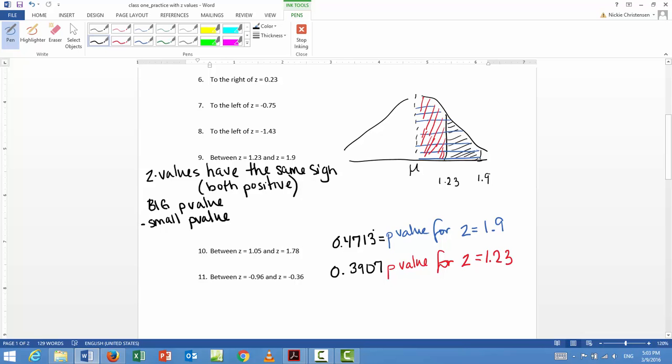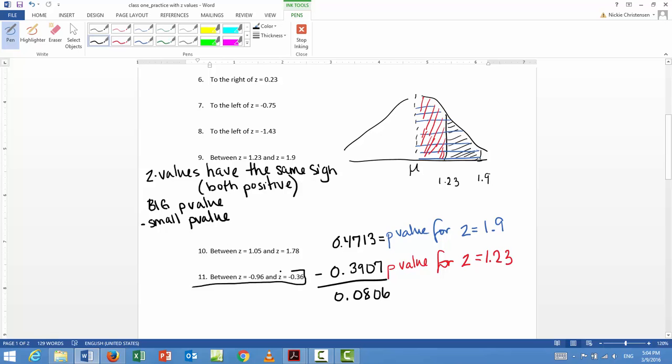We looked up the p-values for the two z values. 0.4713 is bigger than 0.3907. So all we have to do to find the area between those two values is subtract those, and we get 0.0806.